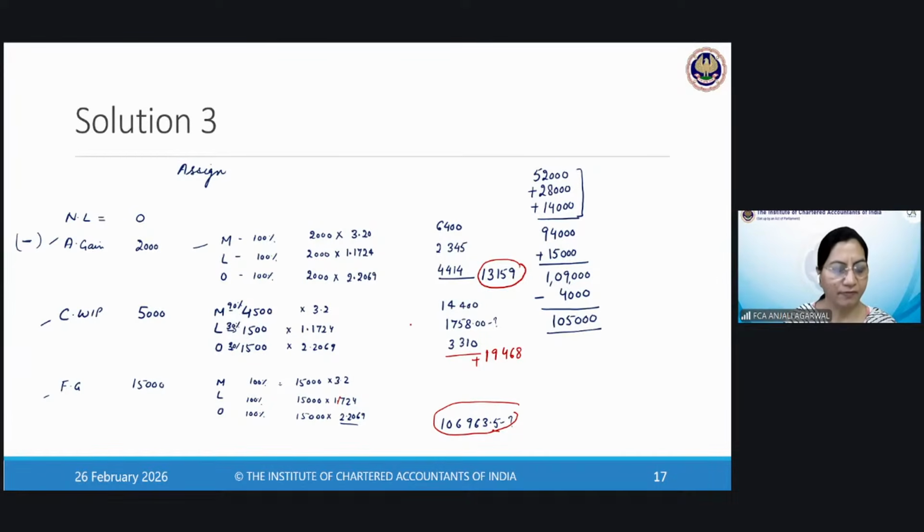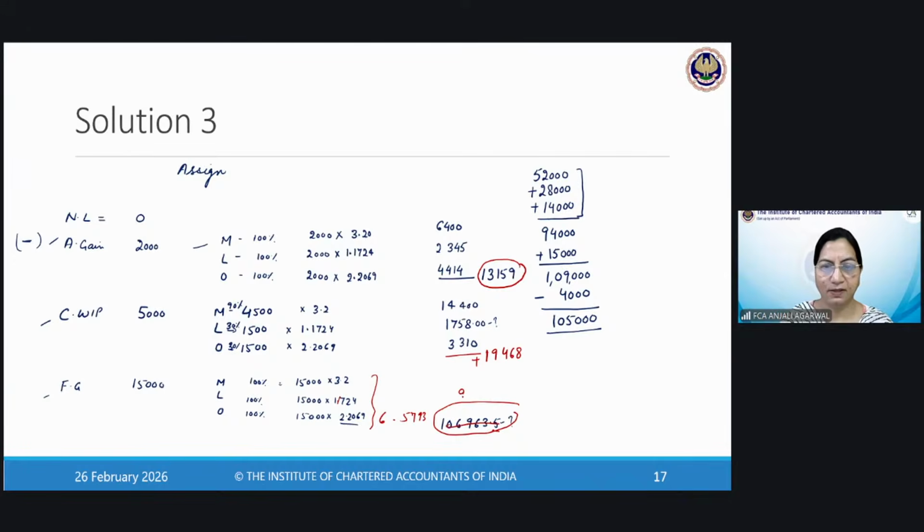So finished goods cost will then become 3.2 plus 1.1724 plus 2.2069, which is 6.5793 multiplied by 15,000 units.